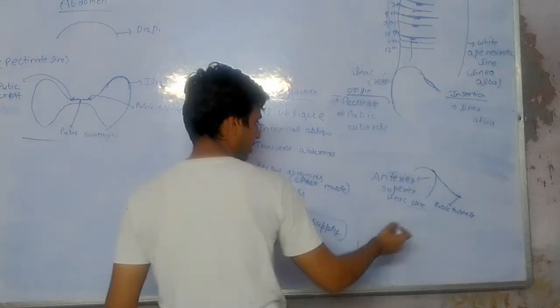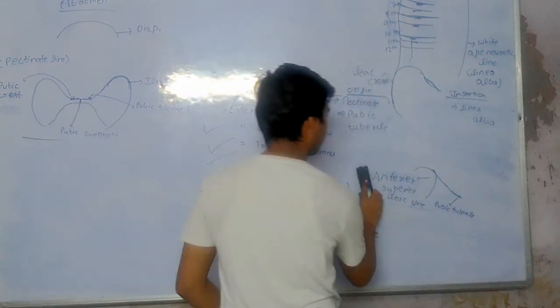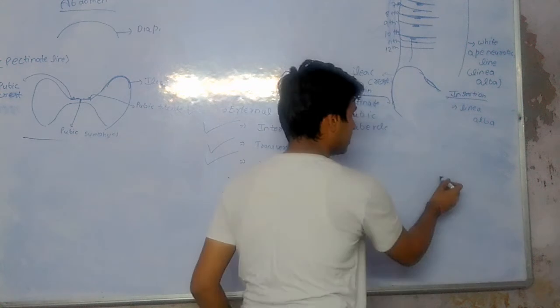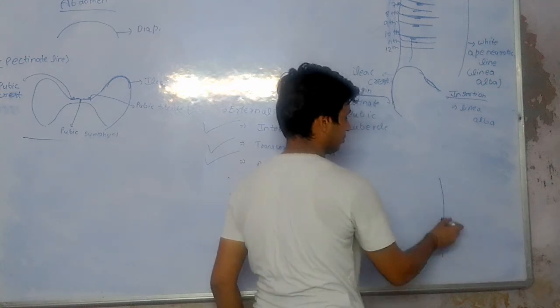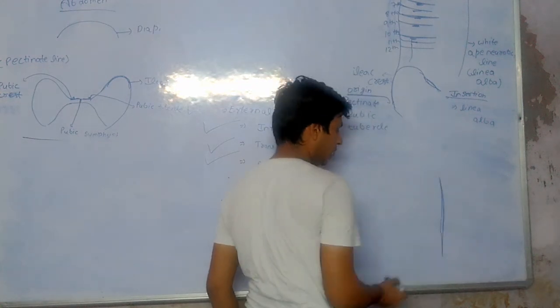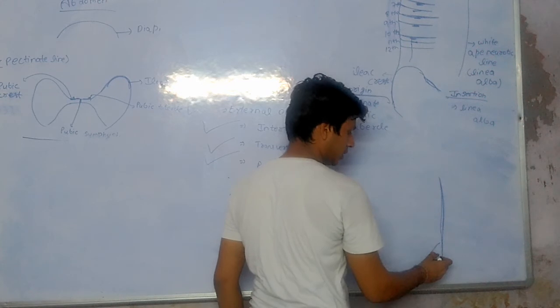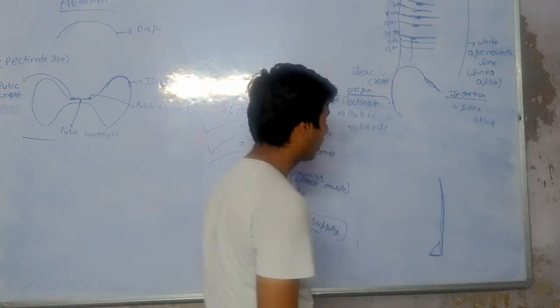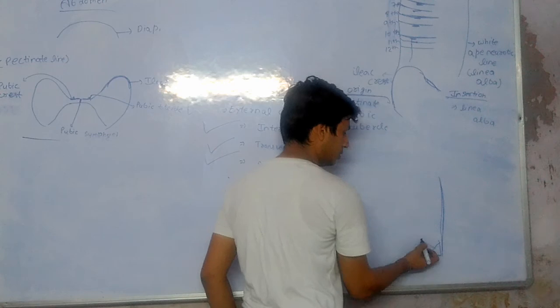It is present like this. Let's say this is the line of linea alba. So the muscle is present like this. Here is the pubic symphysis, pectinate line, pubic tubercle present. Then pyramidalis.